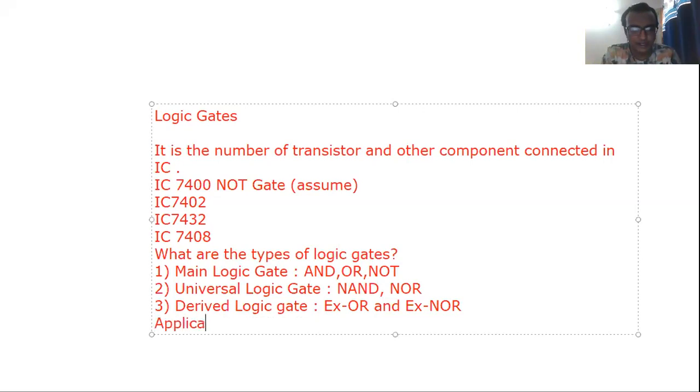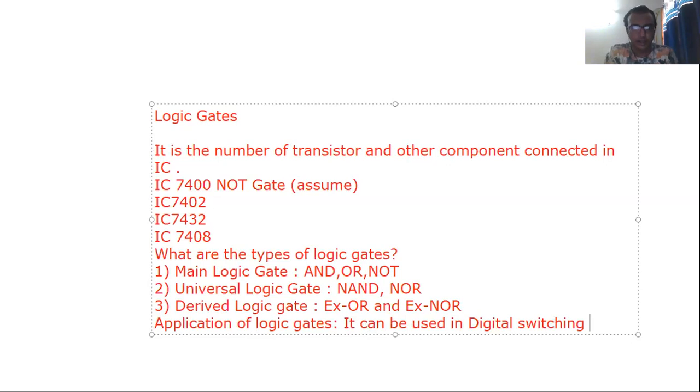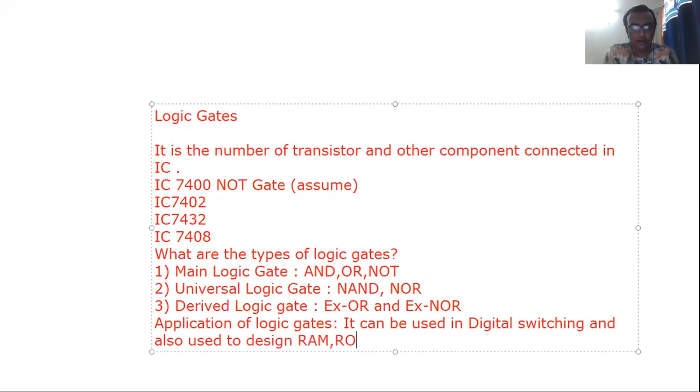Because logic gates can be used in digital switching and also used to design RAM, ROM, and other digital storage elements.